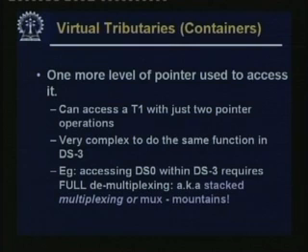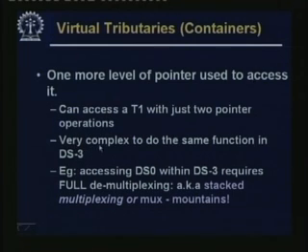But how do you separate them in the SPE? The point is you require one more level of pointer to access it. So, you can access a T1 with just 2 pointer operations. First from the LOH you go to the SPE, and similarly you go to the different tributaries or containers using another level of pointer.